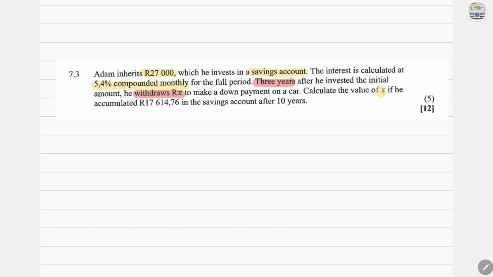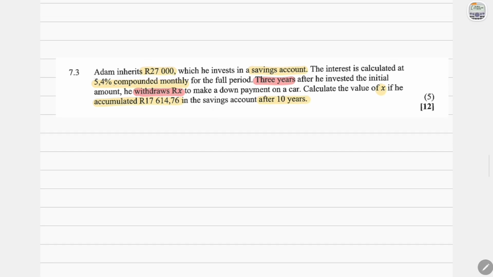Calculate the value of X if he accumulated 17,614.76 cents in the savings account after 10 years. So from this question, you see that this is not a future value question, okay? Someone is not saving money every month or depositing money into an account every month.